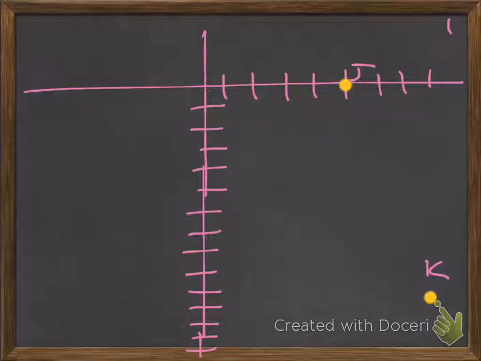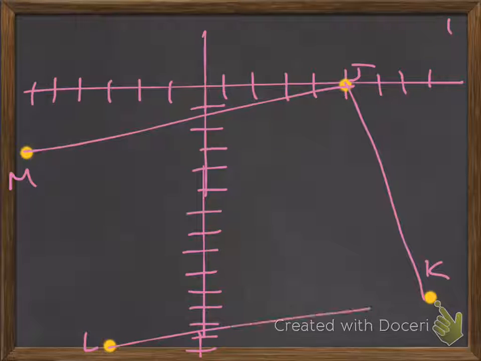That's going to be K, and then we have negative 3, negative 14. L, and M, negative 6, negative 3. So we have our figure.